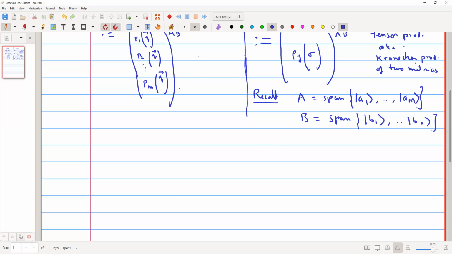And we have defined A tensor B as the formal span of a_i tensor b_j, where i goes from 1 to m, and j goes from 1 to n.